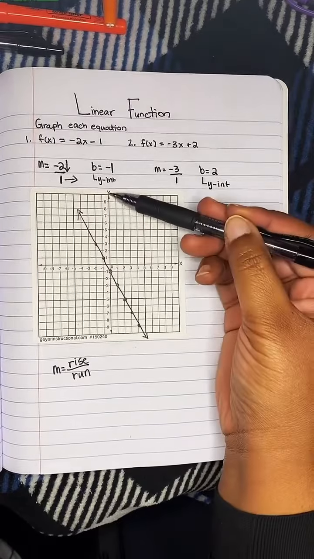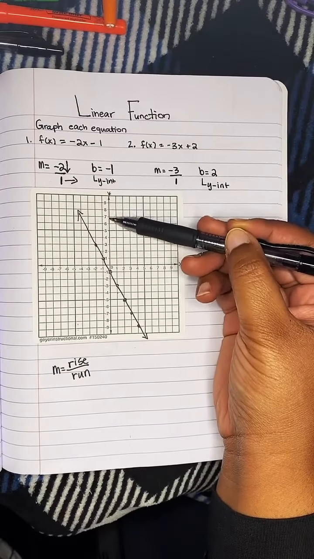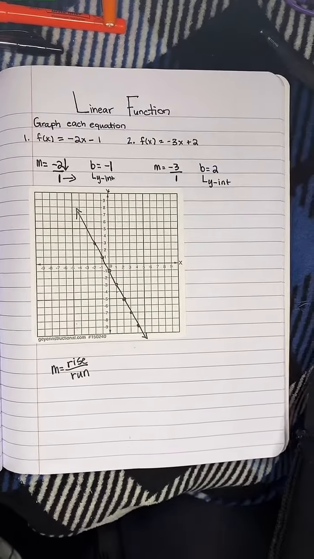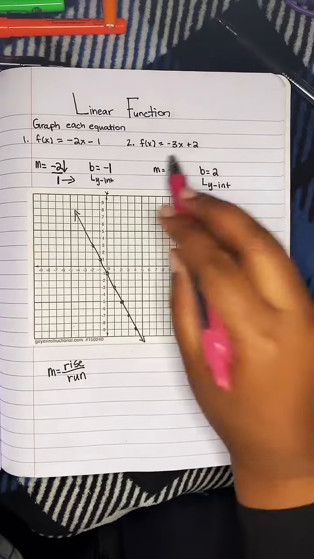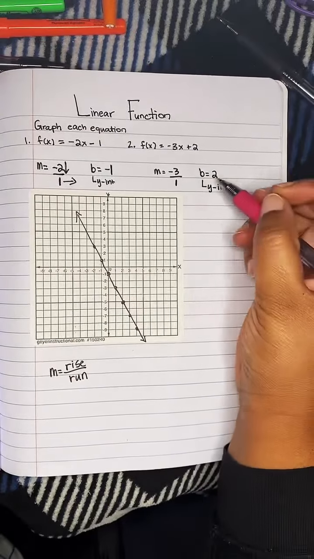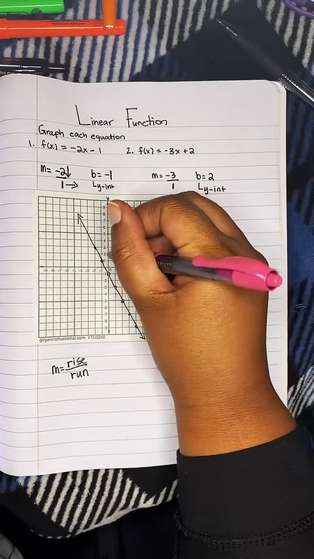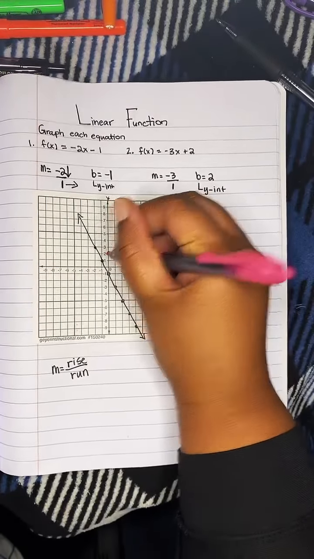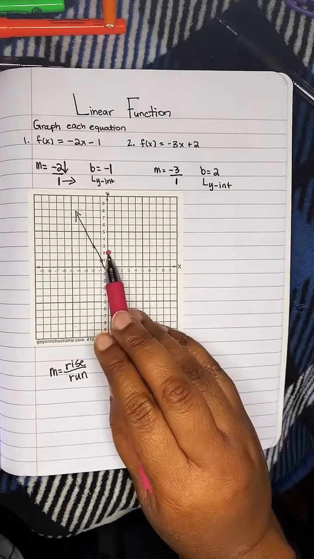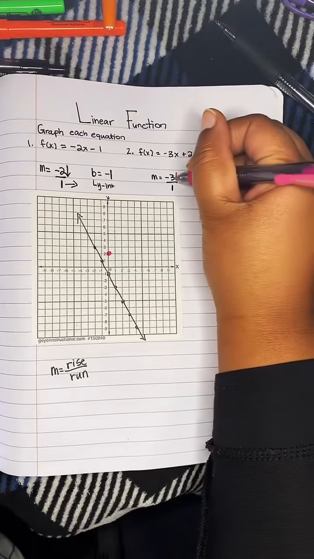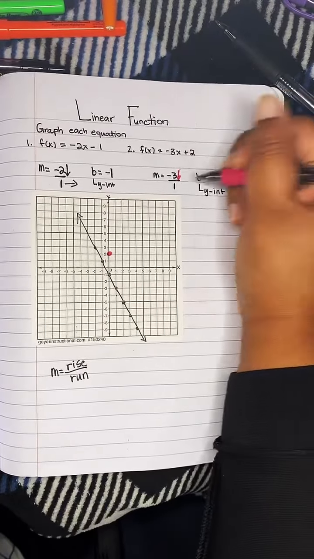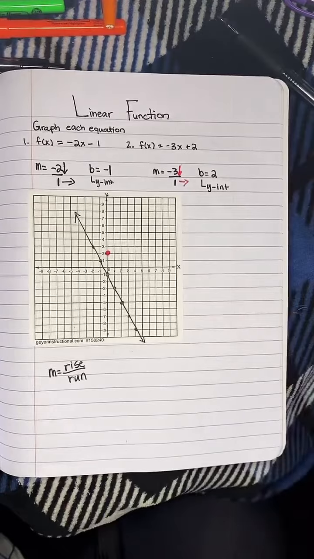What does y-intercept mean? Well, I have to look on the y-axis. Let me use a different color because we're going to work on this one. So we're going to look at 2 on the y. That's my point right there. From this 2, I'm falling 3 and then going to the +1.